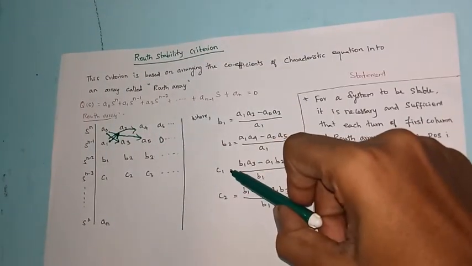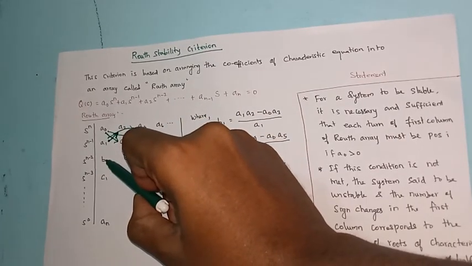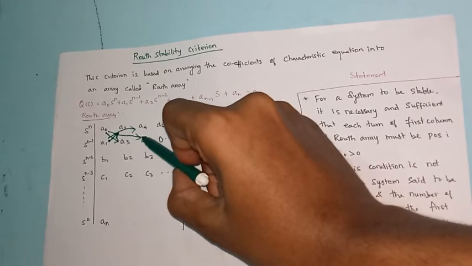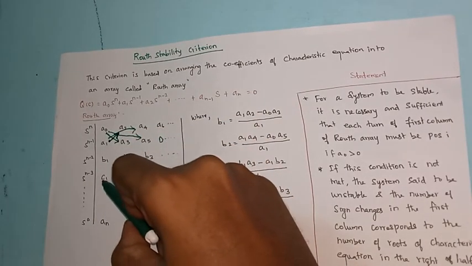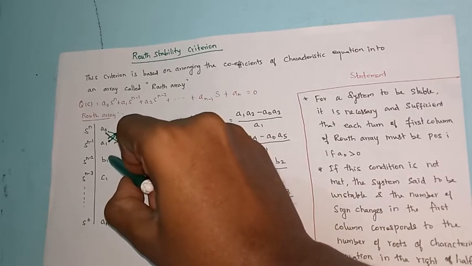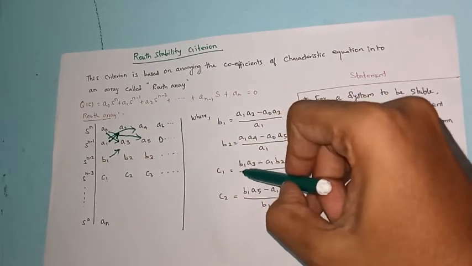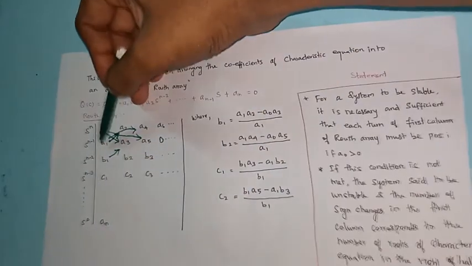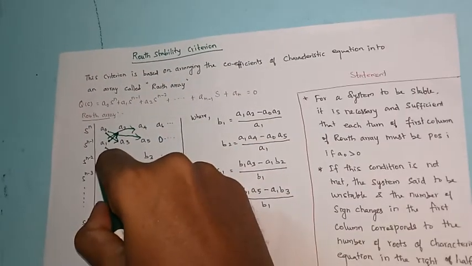Similarly for c1, we now look at the bottom row and the row above. The c1 formula is b1 a3 minus a1 b2, divided by the first element b1.